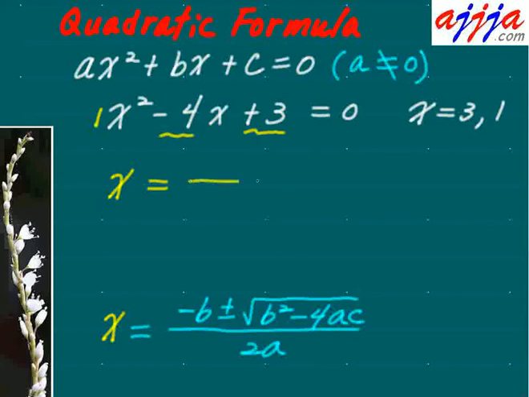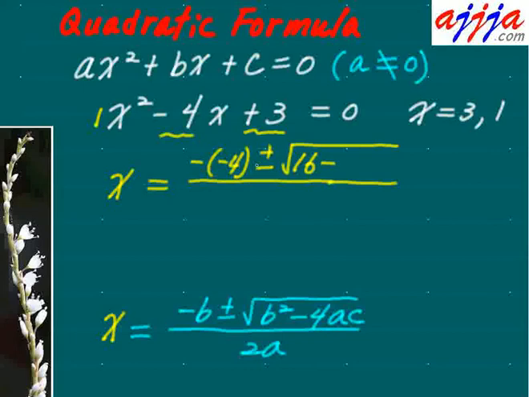Negative B, which is negative 4, so negative negative 4, which is positive 4, plus or minus square root. B squared means negative 4 times negative 4, which is 16, minus 4AC, 4 times 1 times 3, which is 12, then over 2 times 1, where A is 1.